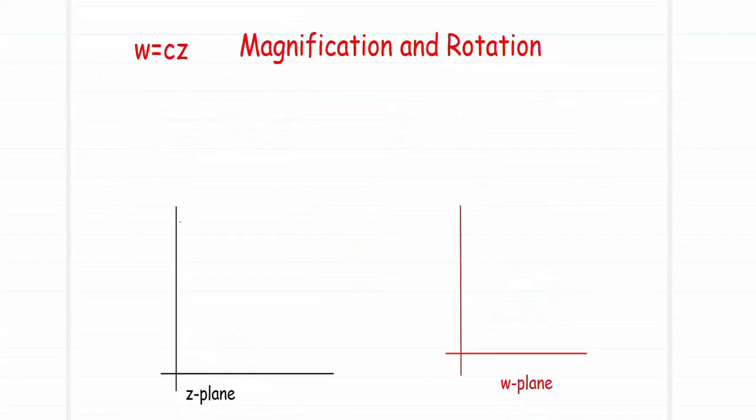The second type of transformation is given by W is equal to CZ. This is referred to as magnification and rotation. Again, you have W is equal to U plus iV. C is going to be the complex constant. So this can be your A plus iB and Z is going to be our X plus iY.